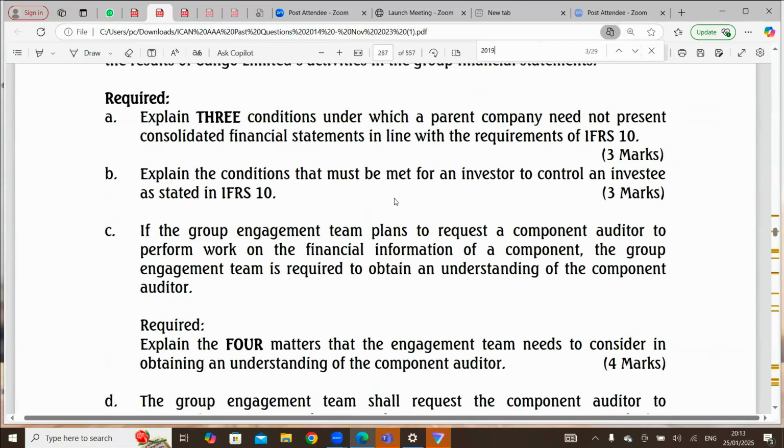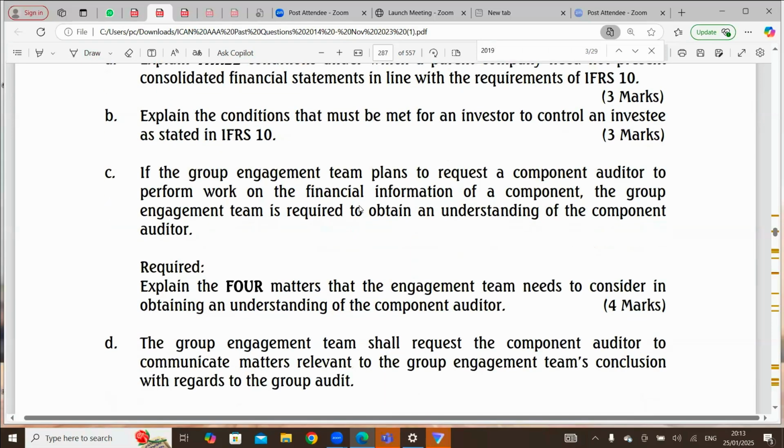They said, explain 3 conditions under which a parent company need not present consolidated financial statements in line with IFRS 10. This one now, they just came and they asked you, see how. They said, explain the considerations that must be met for an investor to consider an investee as stated in IFRS 10, which is when you are examining IFRS 10.